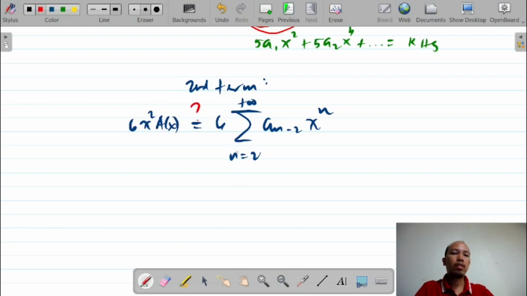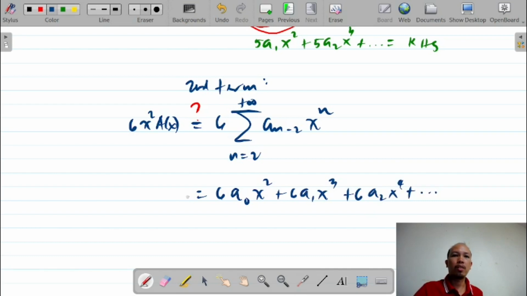If you try to expand, this is 6 a sub 0 x squared plus 6a sub 1 x cubed plus 6a sub 2 x to the 4, and so on.